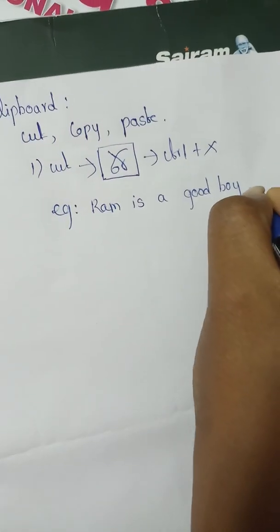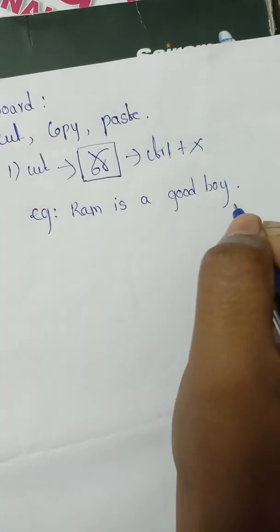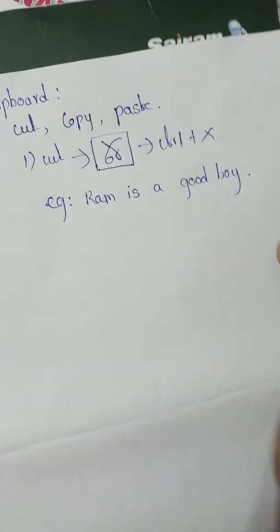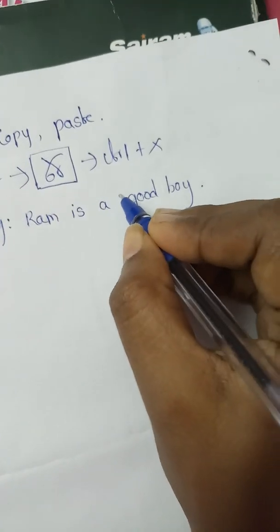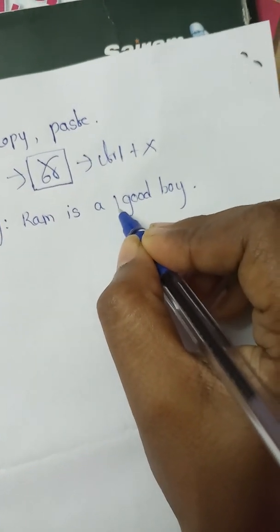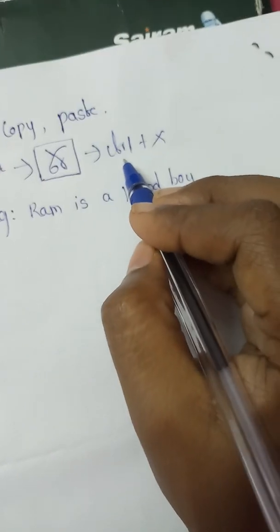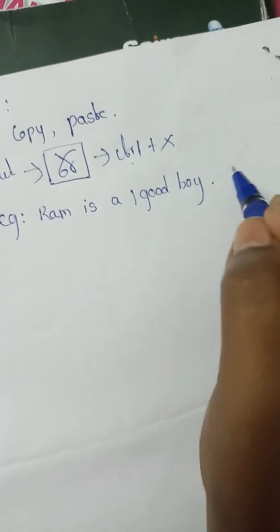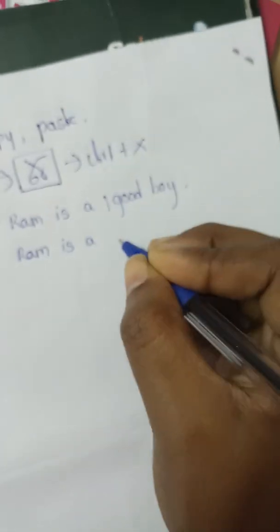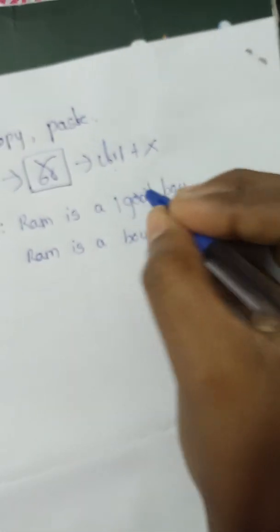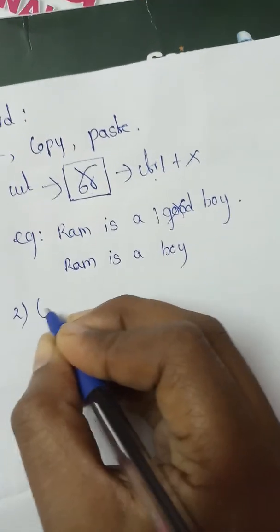If I need to cut this text, first I need to select it. Here I am going to cut the word "good." So first I select "good" and then click this icon, or else I use the shortcut Ctrl plus X. So it will become "Ram is a boy" because I cut "good." Am I right?